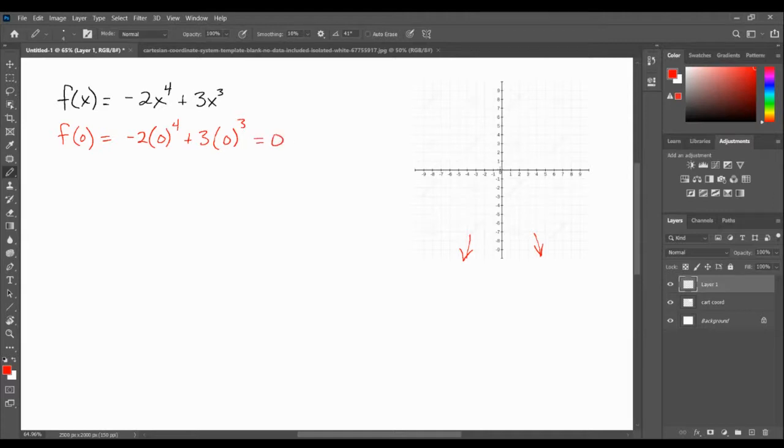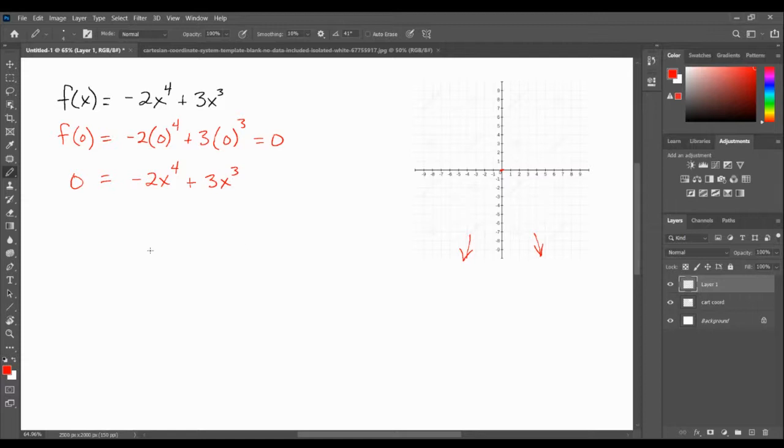So our graph is going to cross the y-axis at the 0 value. So now we need to find x-intercepts, and we get x-intercepts by setting y equal to 0. So we set our function equal to 0, and we solve for x.